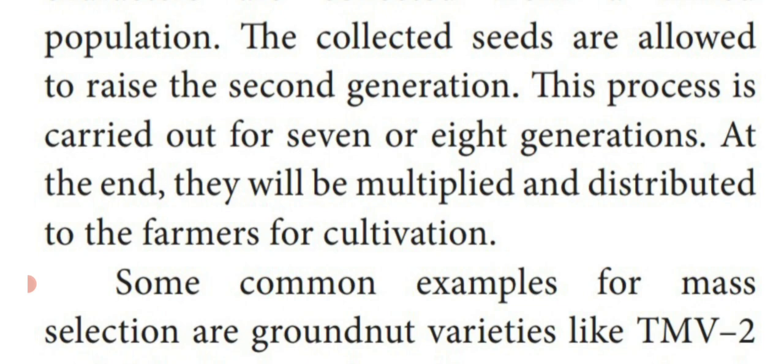Those seeds are selected and given to the farmer, and we ask the farmers to cultivate the crops in the agricultural field to produce the newly formed variety of crops. That is said to be mass selection.